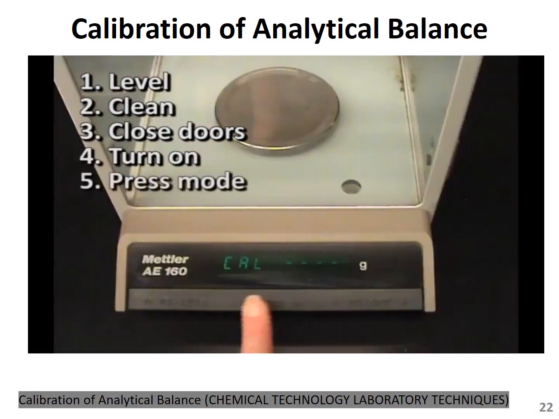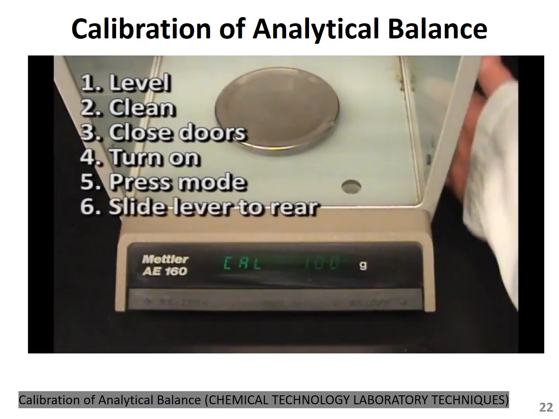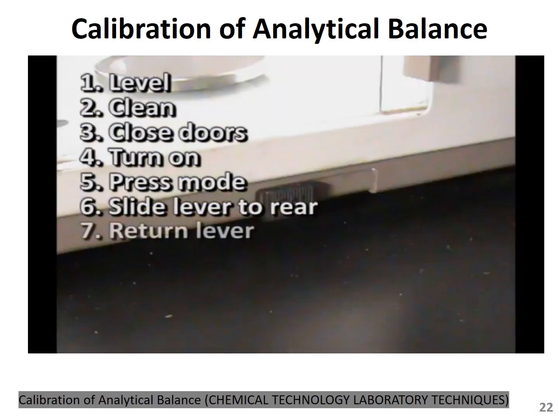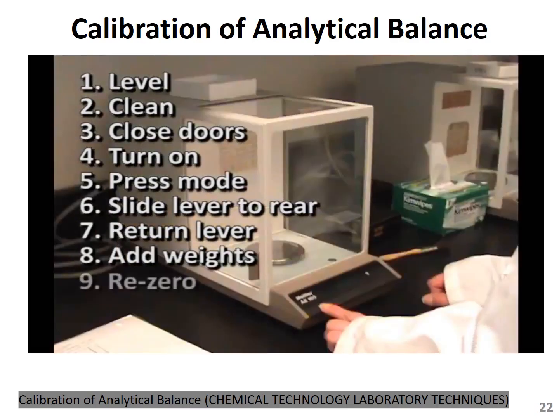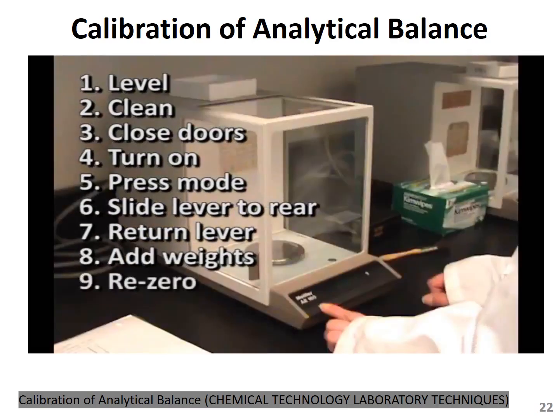Press and hold mode for calibration. Slide lever to rear when Cal 100 appears. Return lever to original position when Cal 0 appears. Add calibrated weights to verify calibration. Re-zero. Now you are ready to weigh.